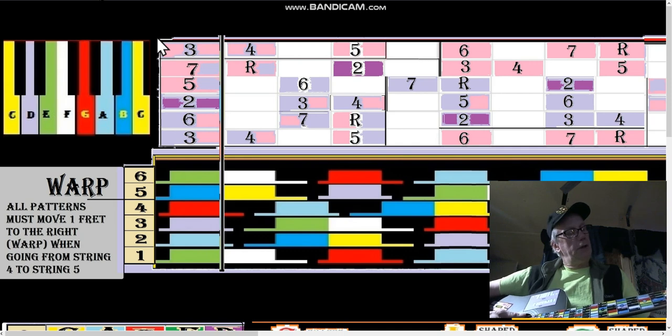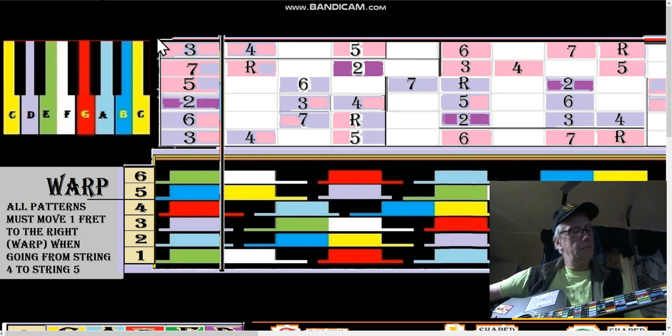And what I wanted to talk about is when you do the pentatonic C, and these are the only two I wanted to talk about right now. The pentatonic C goes, and the pentatonic G goes.